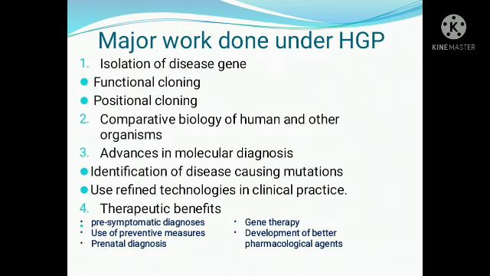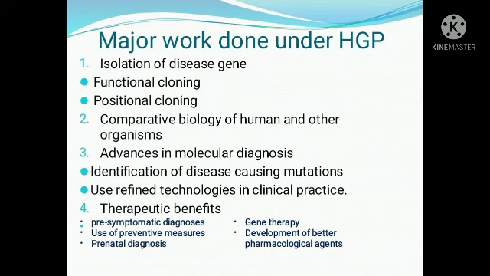What are the major works done under the HGP? There are 4 major works: isolation of disease genes, comparative biology of human beings with other organisms, and advances in molecular diagnosis and therapeutic benefit. These are the 4 areas under which the HGP is done. The disease gene is identified mainly by functional cloning and positional cloning.